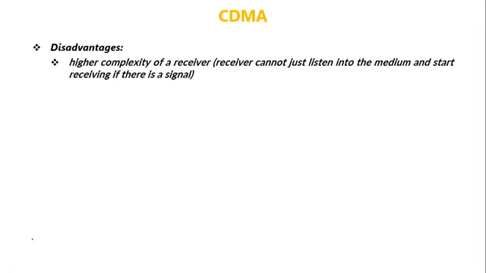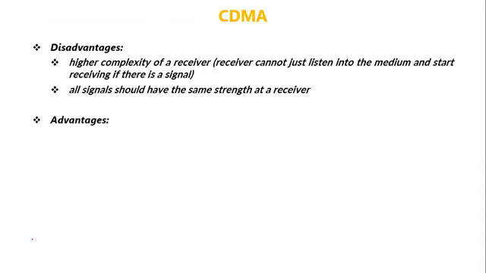The disadvantage of this particular technique, CDMA, is that it requires a high complexity receiver. The receiver cannot just listen into the medium and start receiving if there is a signal. The receiver should know the code and should decode. So the complexity of the receiver is high when compared to other multiple access techniques.